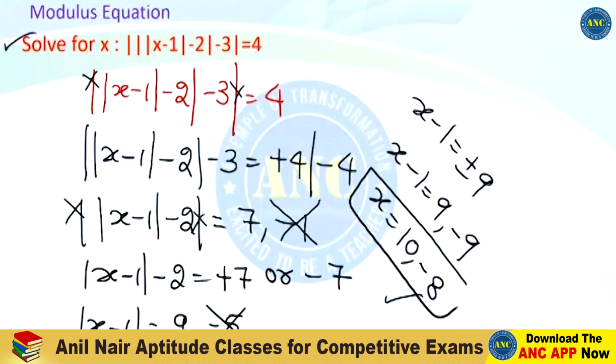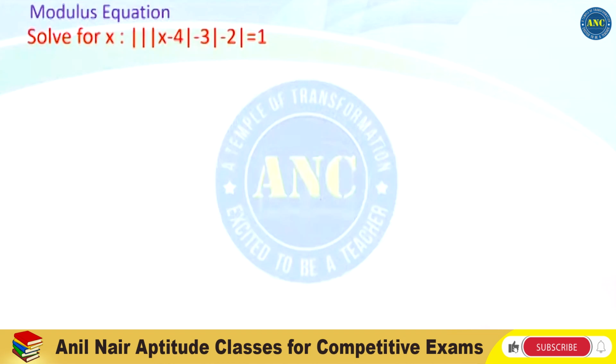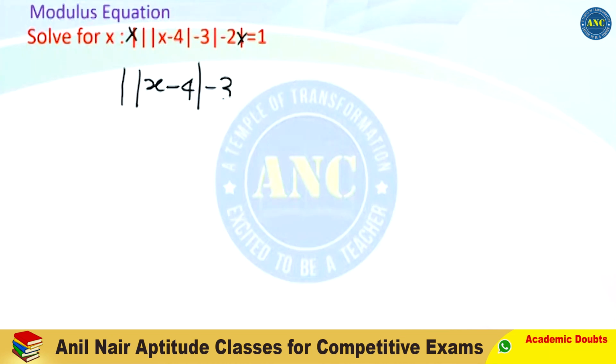Another good question explaining the definition of a modulus function. One more. These modulus, if I remove it, these are nothing but mod of mod of mod x minus 4 minus 3 minus 2 equivalent to 1.